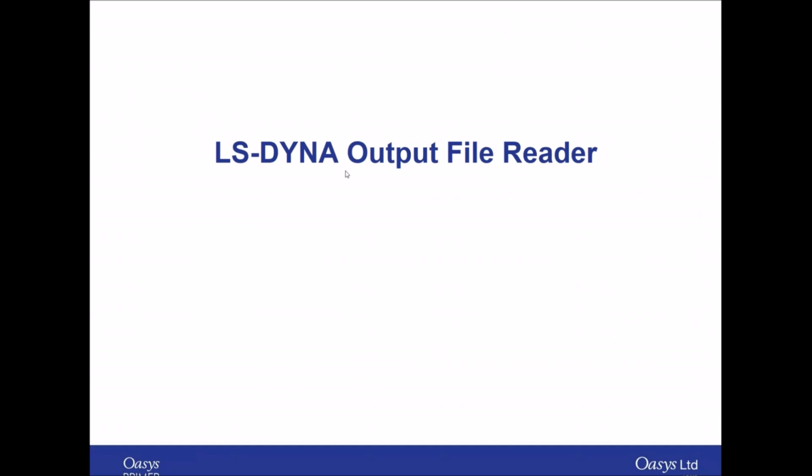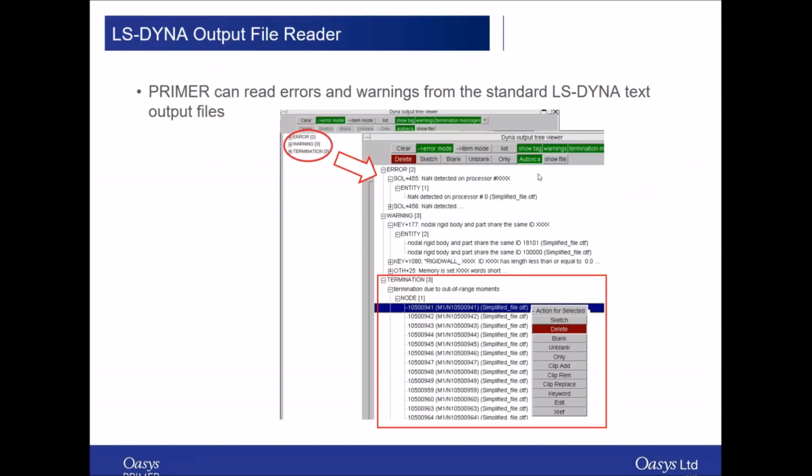So I mentioned this previously, the LS-DYNA output file reader. Primer can read errors and warnings from the standard LS-DYNA text output files. These are files like D3HSP or the message files. When you initialize your model, any errors and warnings that Dyna finds in your model will be written into those files. So Primer can read those files and produce a tree that looks something like this.